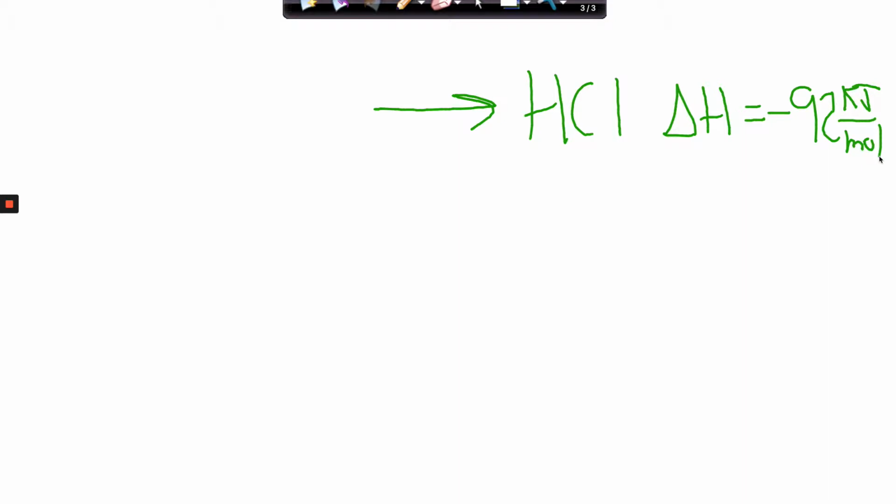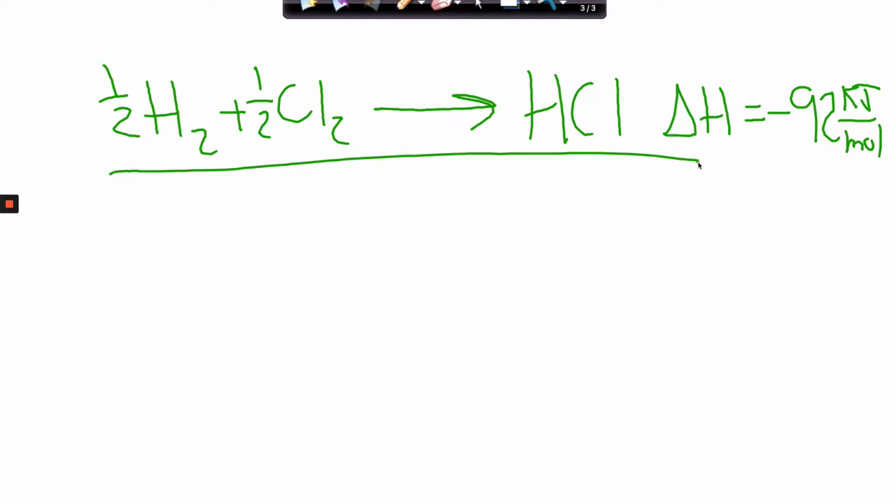Guys, what's on the other side of the equation? H2 and Cl2, and then we need to balance it with halves. Hydrogen and chlorine are both diatomic. And so fundamentally what that means in that table is this reaction has that energy change associated with it.